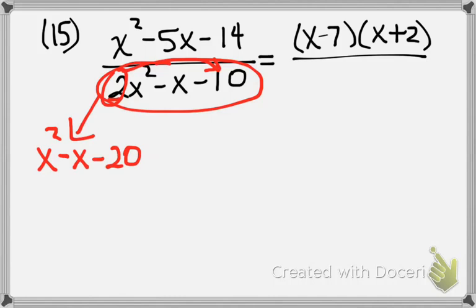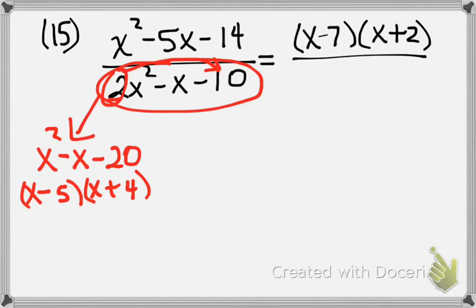Now from this format I can say what multiplies to give me 20 and adds to give me -1. So 4 and 5 multiply to give me 20, and if I have -5 and +4, then that'll work for us to give -1.